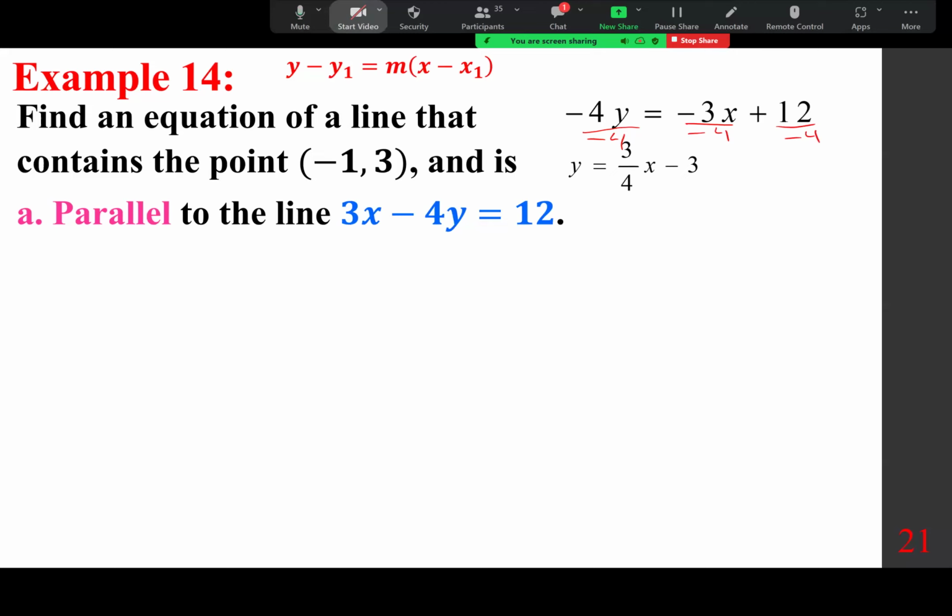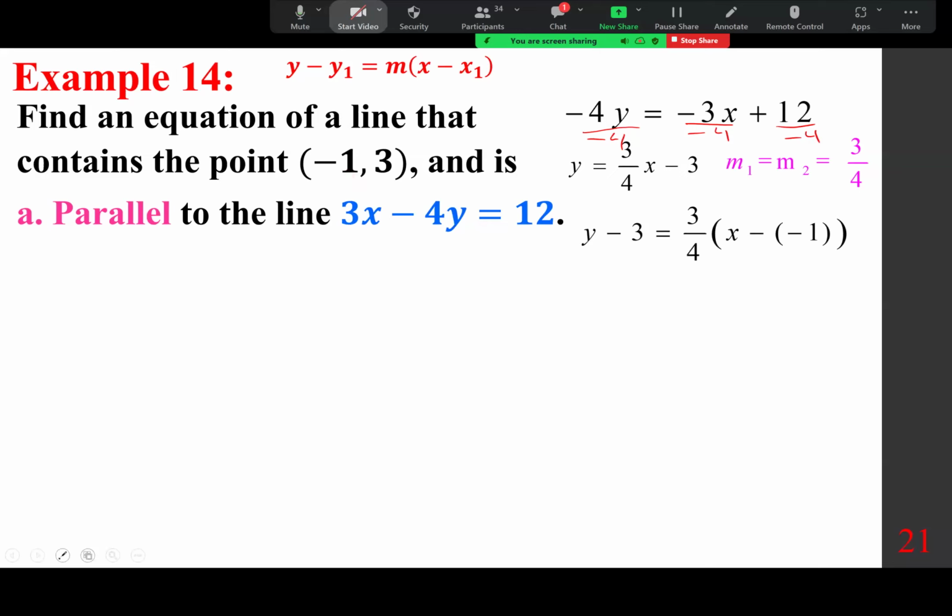Because we want it to be parallel to that, we're going to call them m sub 1 and m sub 2. m sub 1 is for the given line, m sub 2 for the line parallel to that. And so we are going to use y minus y1, that means y minus 3, equals m, which is 3/4, times x minus -1, or +1.